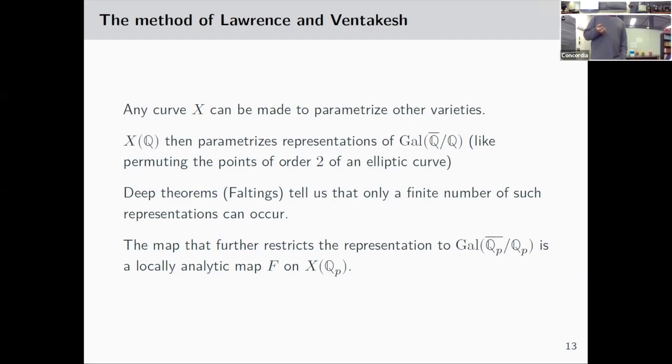And so now I have to do something p-adic. I restrict further from the Galois group of Q bar over Q to the Galois group of Q_p bar over Q_p. When I do this, it turns out that this map is locally analytic. And so now I'm supposed to hit a finite number of targets with a locally analytic map, and that gives me finiteness. But as I said, it's probably not effective.